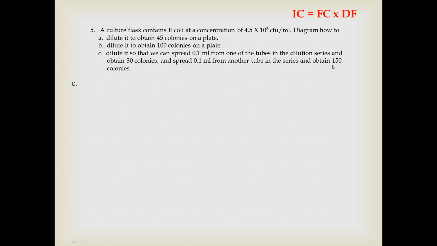We have IC, 4.5 times 10 to the 8th colony forming units per mil, and we're going to be able to get FC because we know that we have 150 colonies coming from this tube. Okay, we're in good shape.